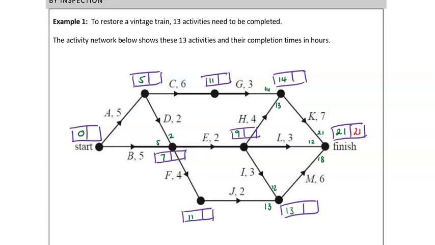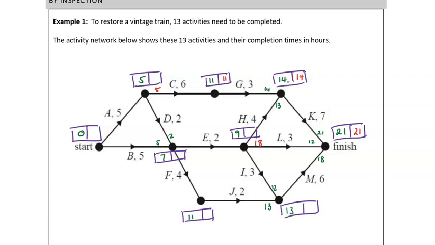Working backwards from here, let's go K, so 21 minus 7, 14. 14 minus 3 for G, 11. Minus 6 for C, we've got 5, but we need to consider D as well. So let's go back to the finish, and 21 minus 3 for L, 18.